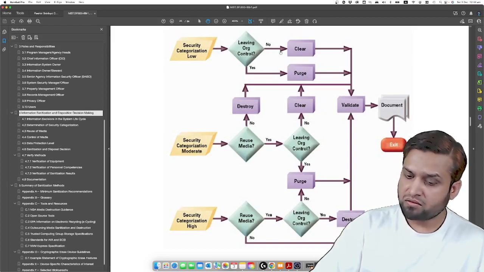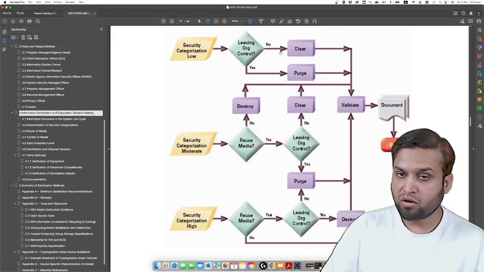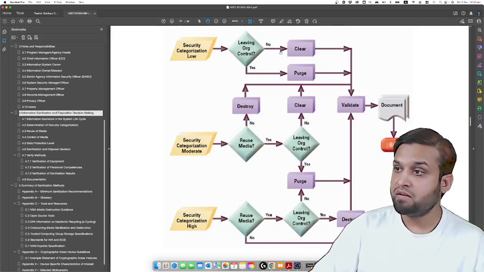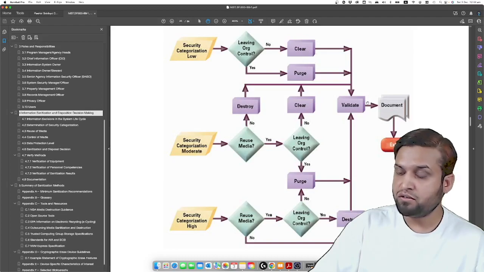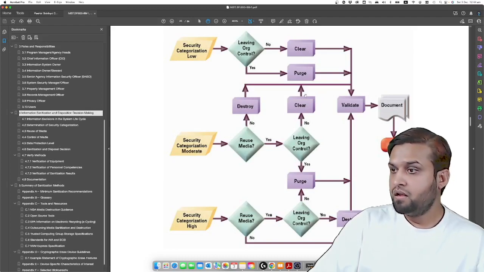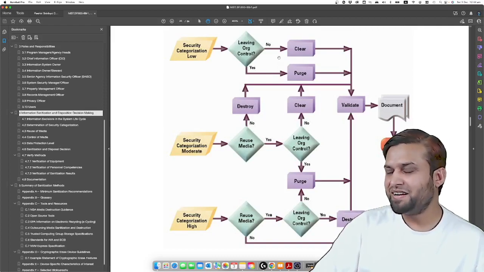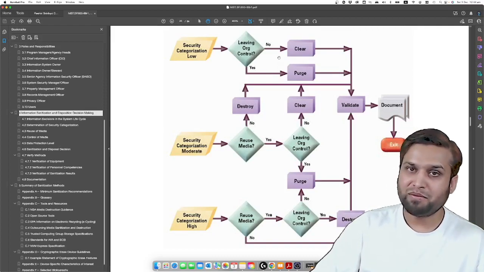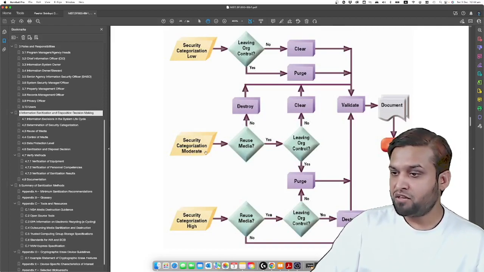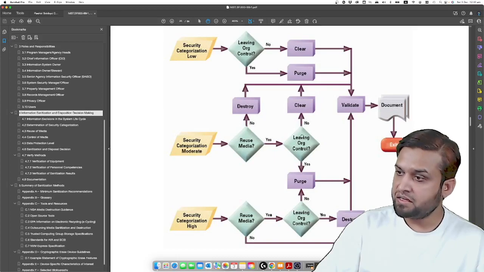But if it is not leaving, if it is going to stay in the same organization or at the same classification level, we can just do clearing and reuse the data, reuse the media. Sorry for that. When I say data and media, take it in the same spirit, but saying media is more appropriate here. For moderate categorization, if you are going to reuse the media and it is leaving the organization, then we have to do the purge.